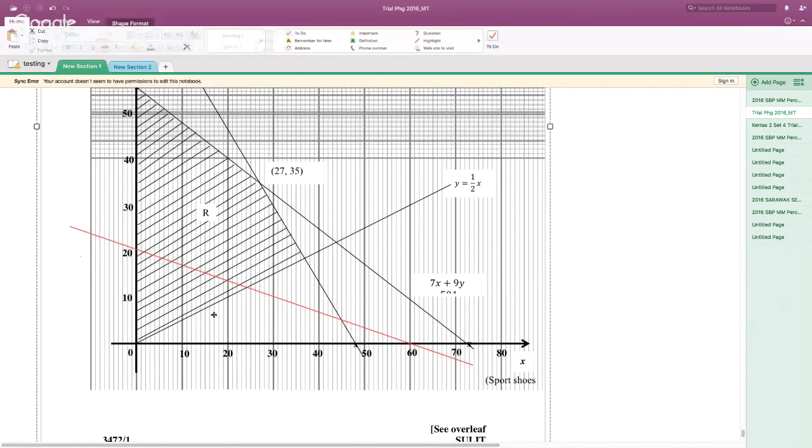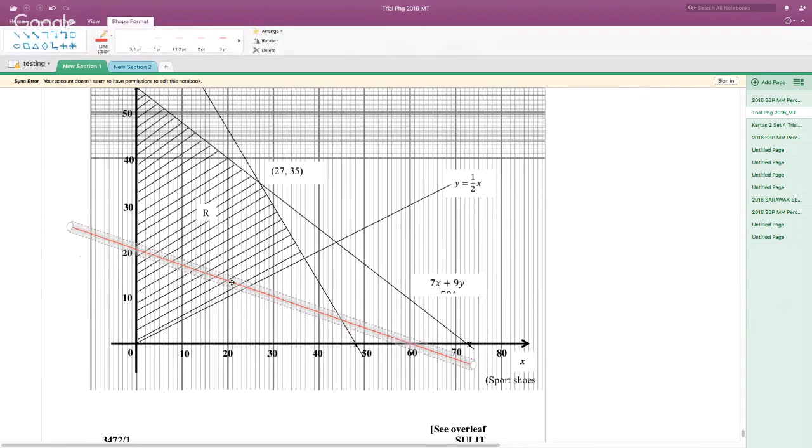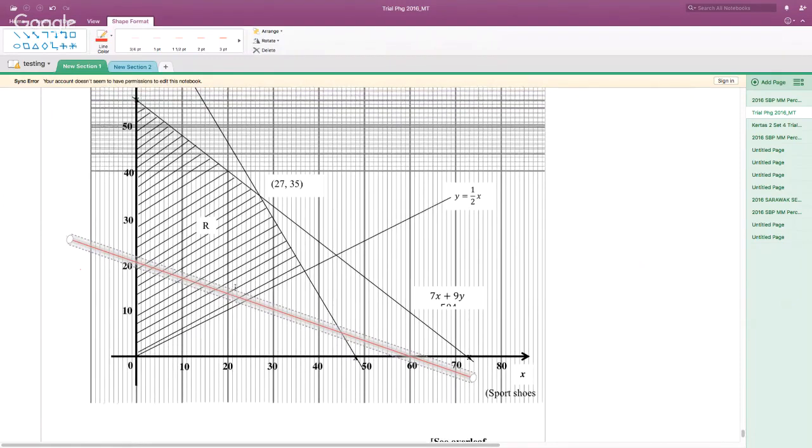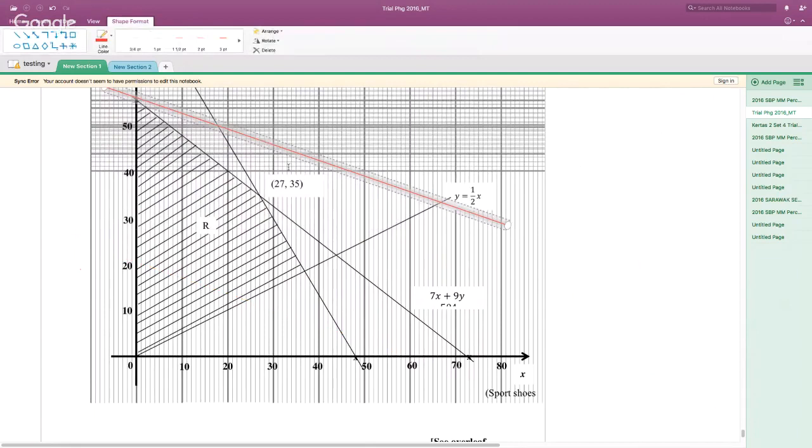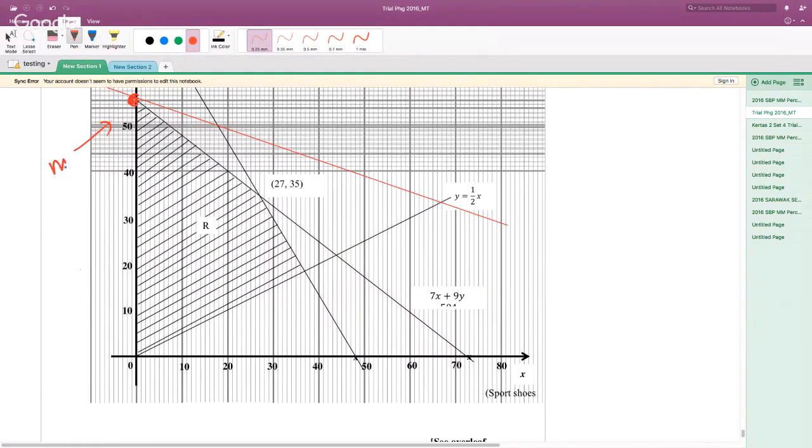What you need to do is move this line parallelly, paying attention at the shaded region, until you touch the last point of the shaded region. The last point of the shaded region is over here. So therefore, this coordinate will provide you the maximum value. You just substitute this coordinate into the x and y.